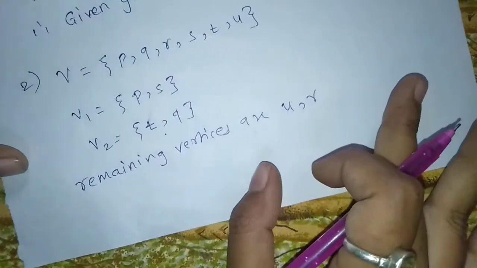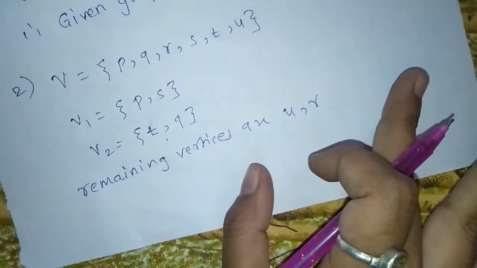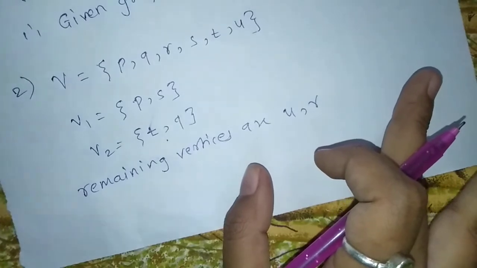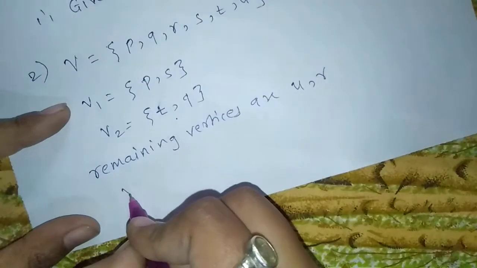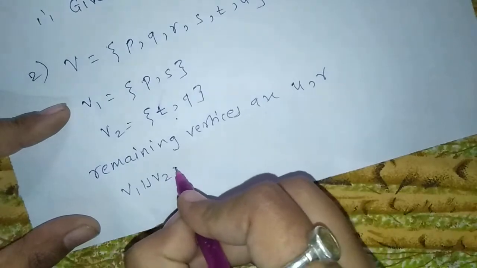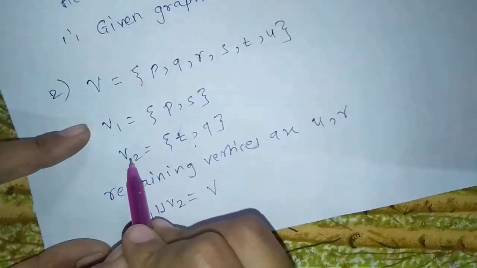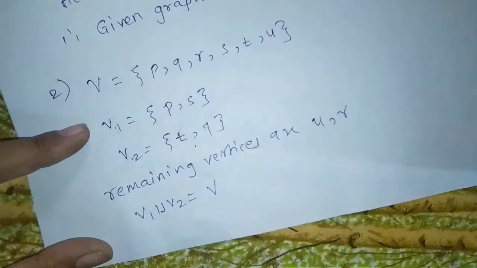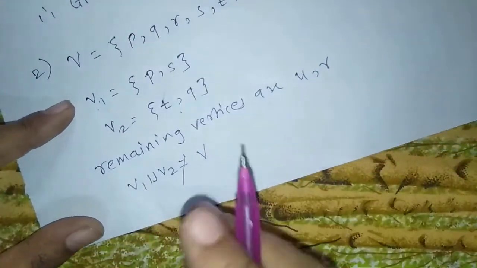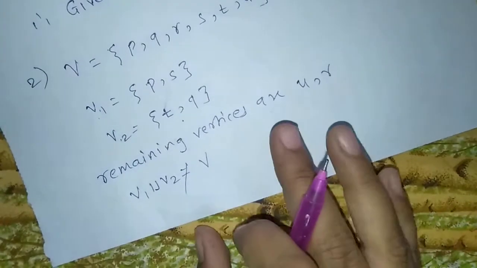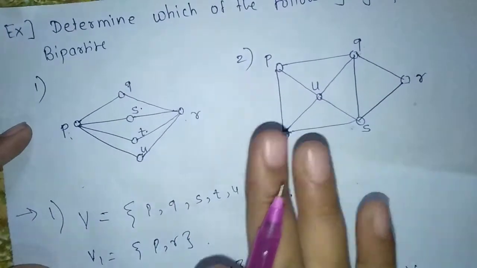Similarly for R. So by the definition of a bipartite graph, V1 is a subset of V, V2 is a subset of V, and also V1 union V2 must be capital V. But here you can see that V1 union V2 is not capital V. So V1 and V2 is not a bipartition of V. So by the definition, this graph is not bipartite.